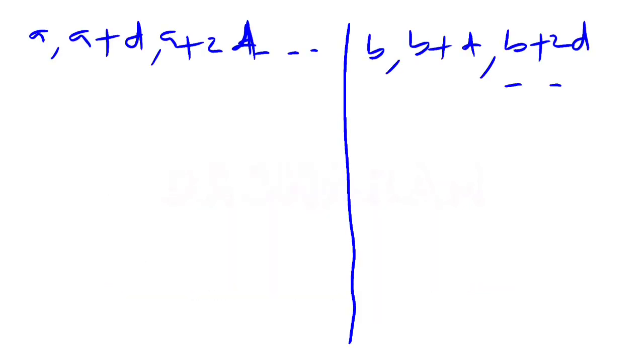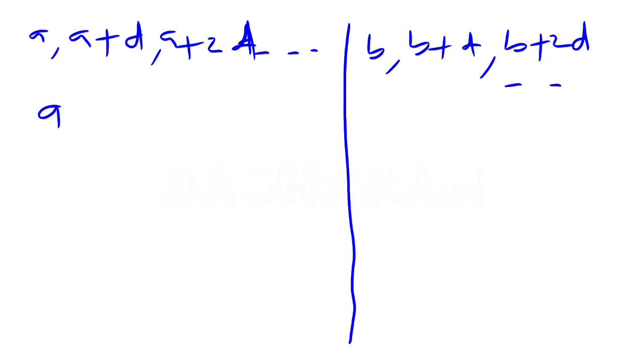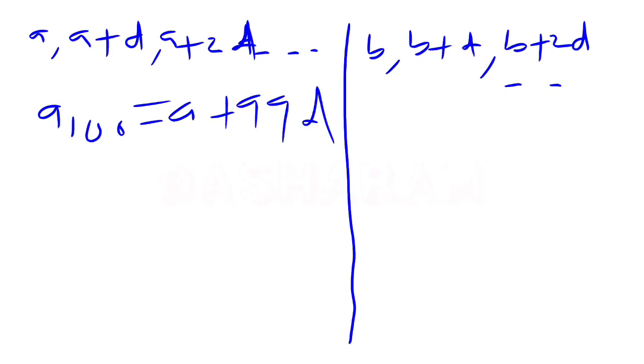That is why the d value is taken in two places. So for the 100th terms, A100 is equal to a plus 99d. Next, in the second AP, the 100th term is B100, it equals b plus 99d.